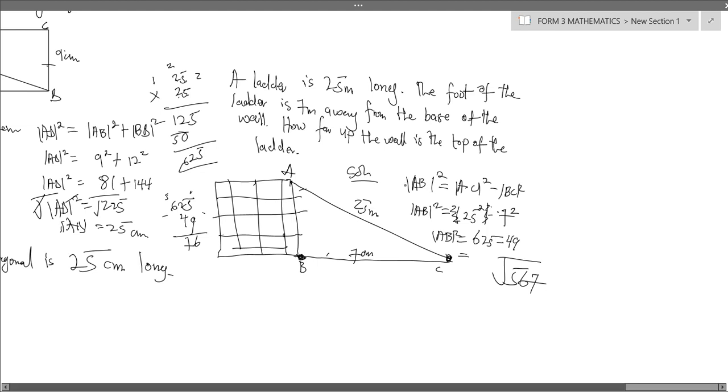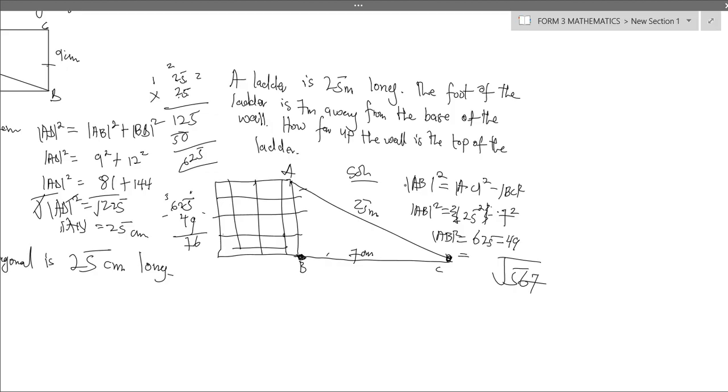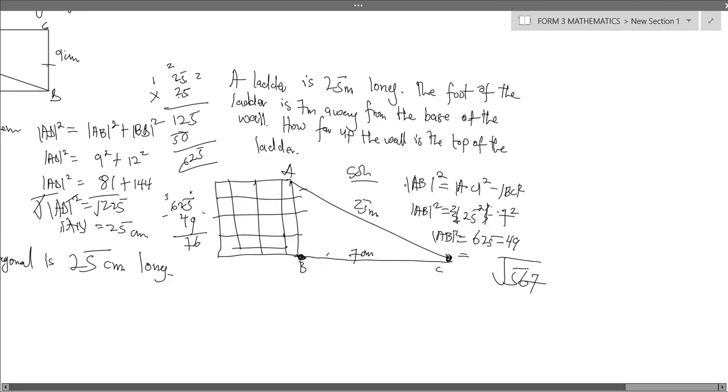Okay, so first of all, let's see. 625 minus 49. Oh yeah, so this is 5. So it's 576, rather than 567, as you can see from the solving we did here. 576.